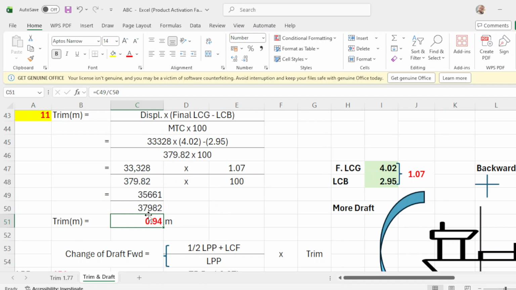Divide this all together equals this one divide by this one, and resultant will be 0.94.